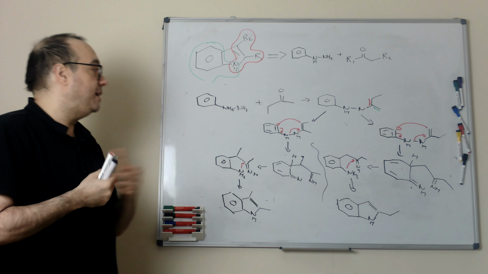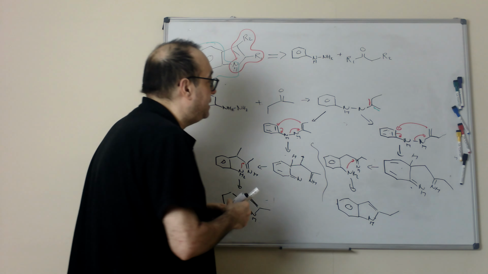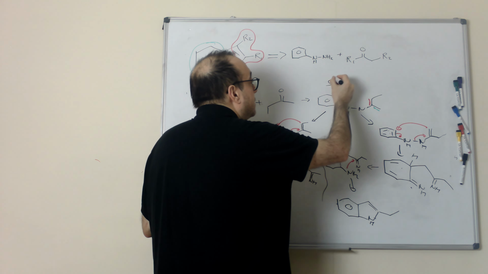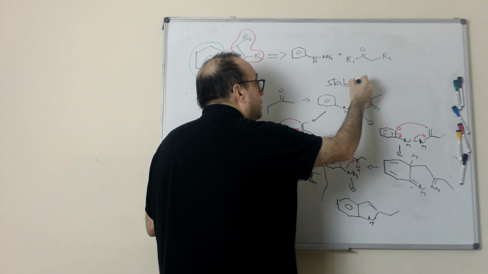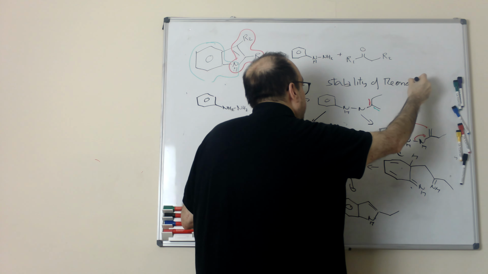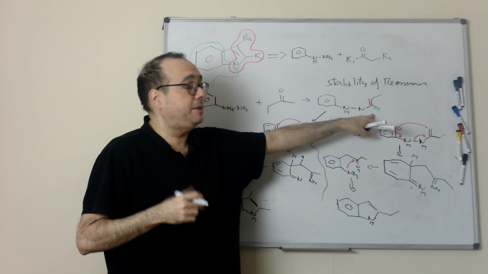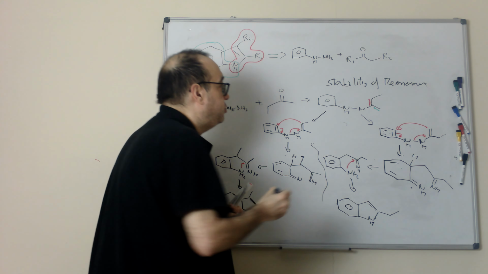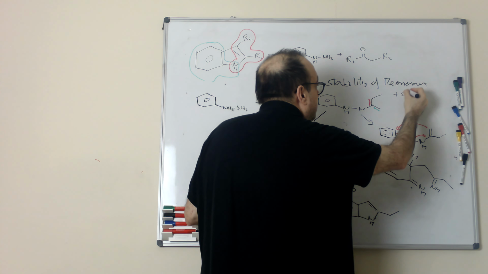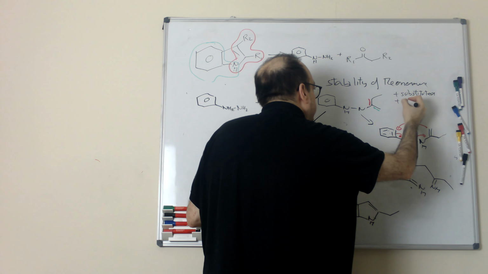Which product will be the major product? Well, this depends on the stability of the enamine. And the stability of the enamine is the same as any double bond. That means more substituted, more stable.